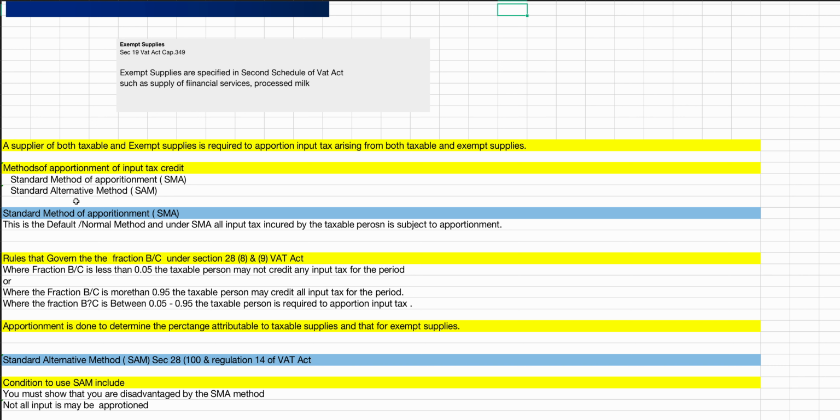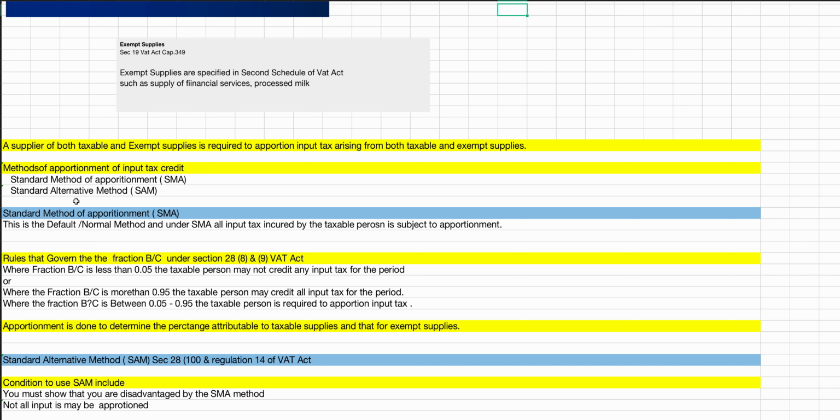The standard method of apportionment, which is also known as the default or the normal method, is the most commonly used method of apportionment by most of us, where all the input tax incurred by a taxable person is subject to apportionment in a particular period or month.